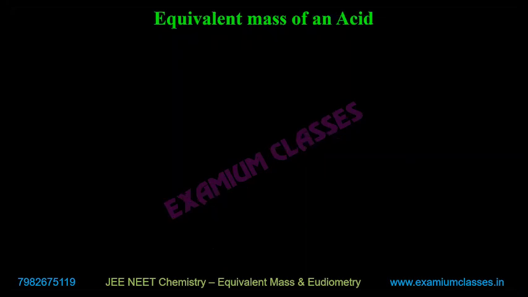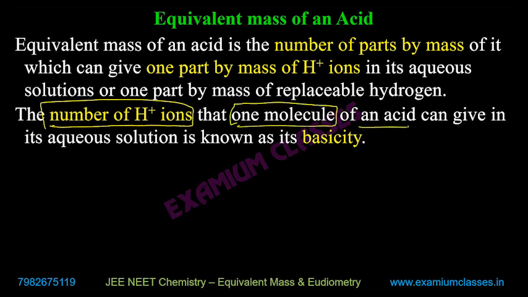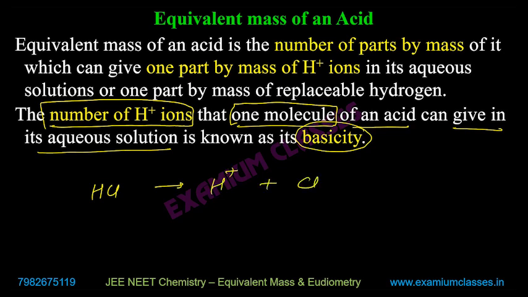Equivalent mass of an acid. For calculation of the equivalent mass of an acid, first we need to understand what basicity is. The number of hydrogen ions that one molecule of an acid can give in its aqueous solution is called its basicity. It is not called acidity, it is called basicity, and the reason is, suppose I am talking about HCl. HCl gives us one H plus and one Cl minus.